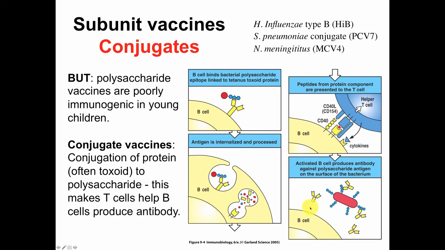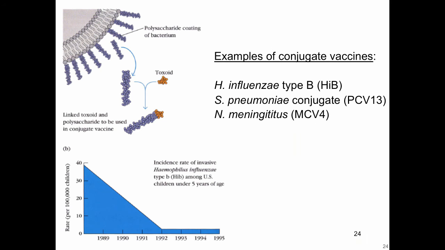And the antibody that's produced by the B cell will be antibody that was specific for the polysaccharide epitope. So it's a way of providing T cell help to B cells that make antibodies specific for cell wall polysaccharide epitopes that are protective for certain types of bacterial infection.